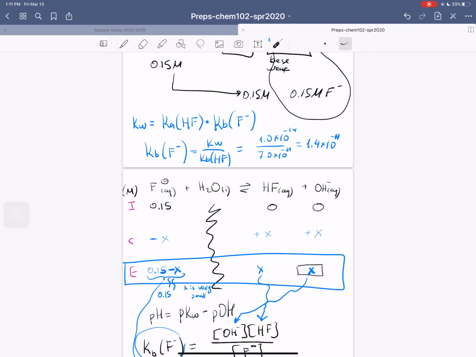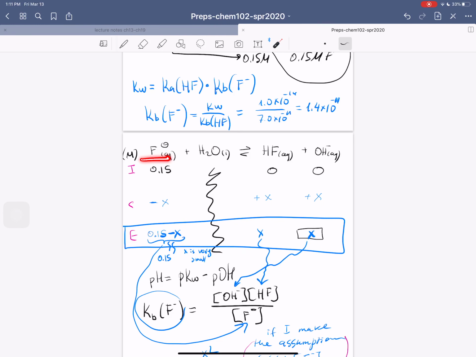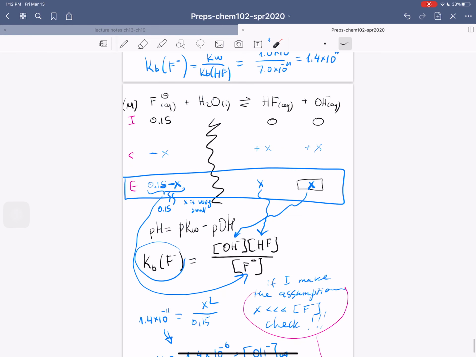So what will happen here? The fluoride ion in water will act as the base. It will pick up a proton from water and will produce OH minus. If we are producing OH minus, we are changing the pH, in this case of the water.